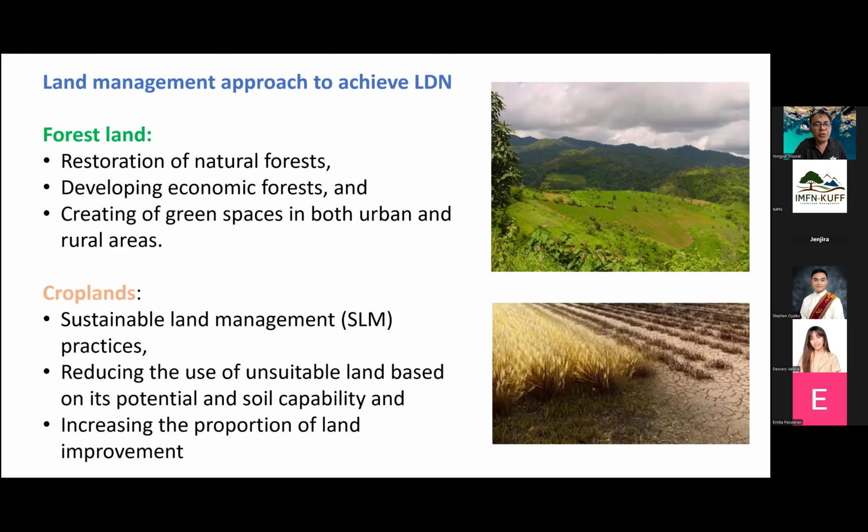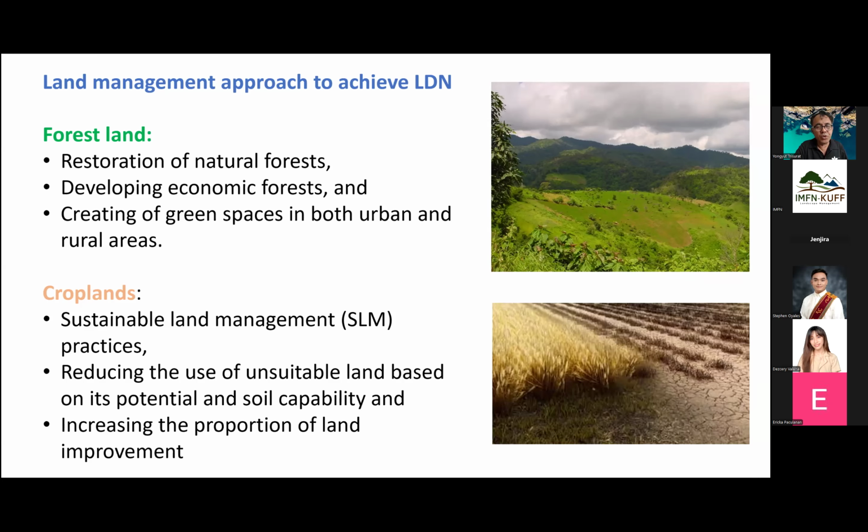One is restoration of the degraded forest in the national forest area, second is to develop or promote economic forest plantation, and the last one is to create greenery areas in both urban and rural areas. This is for recreation and for nature, and in cropland, promote sustainable agricultural practice.